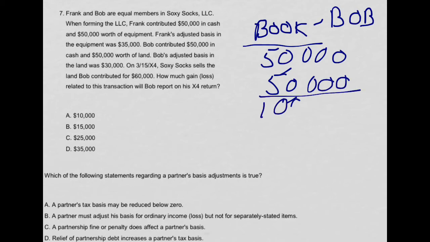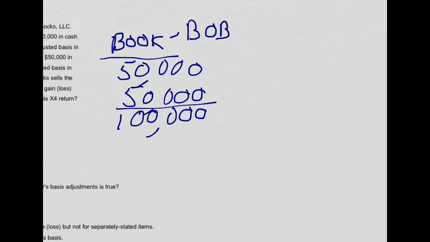So he's at 100. And for the books and records of the partnership, the land comes on at fair market value, $50,000. When we're doing book capital accounting, that's what the land would be at.